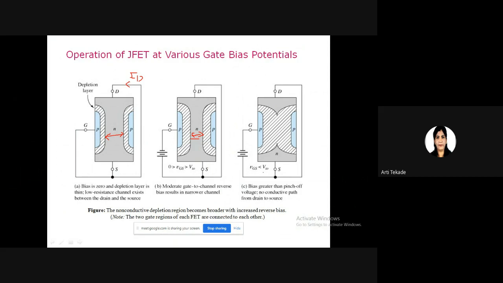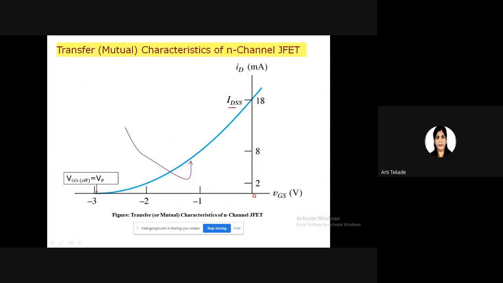The value of VGS at which ID becomes 0 is called the cutoff voltage. So the value of VGS at which the current conduction stops is called the VGS cutoff voltage. This is indicated from this graph.